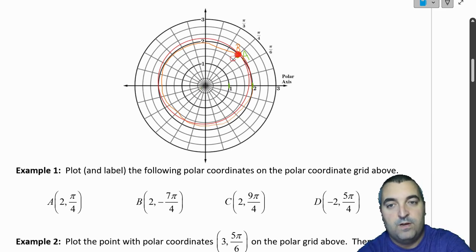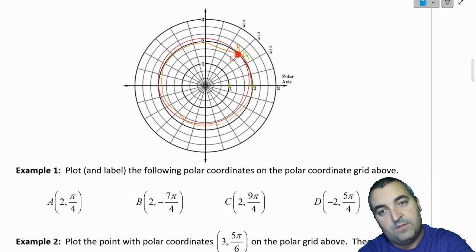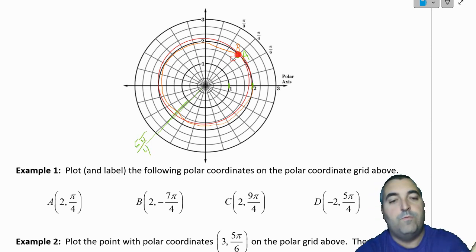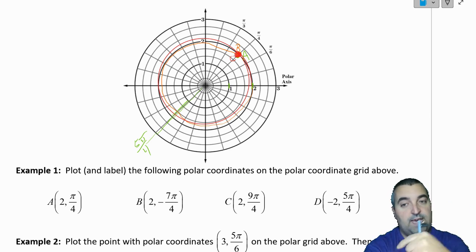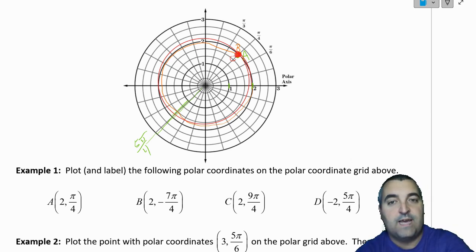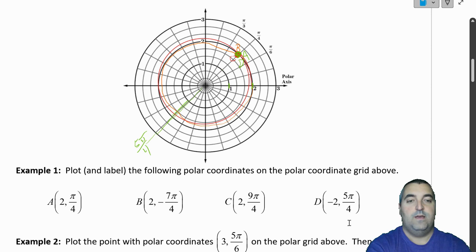It's the one in the middle in quadrant 3, right here. But what a negative r value means is that instead of going towards the angle, we're going to go exactly opposite. So we're going to go out 1, 2, and we're at the same point.